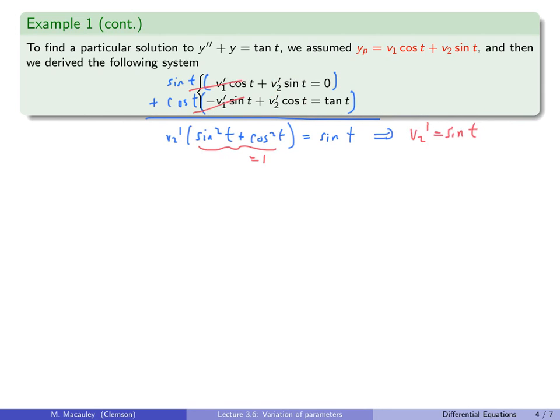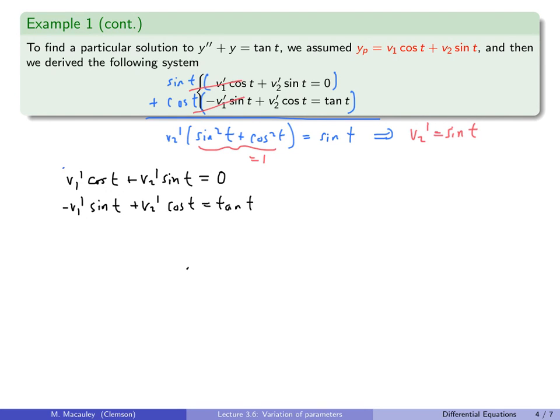So we're going to take v1 prime cosine of t plus v2 prime sine of t equals 0. And let's write the second one: negative v1 prime sine of t plus v2 prime cosine of t equals tangent.